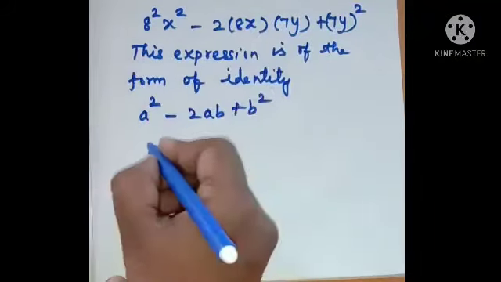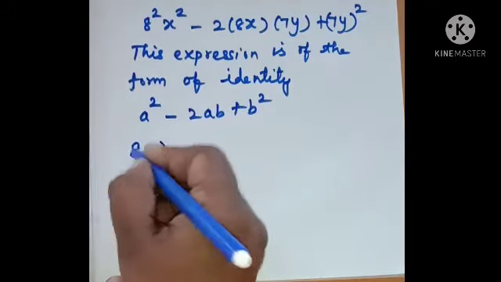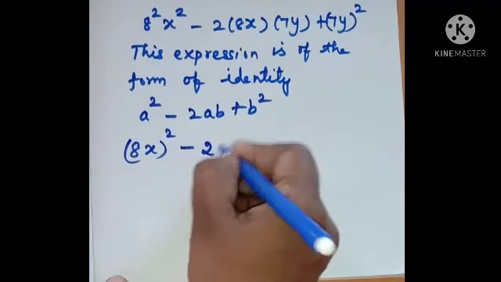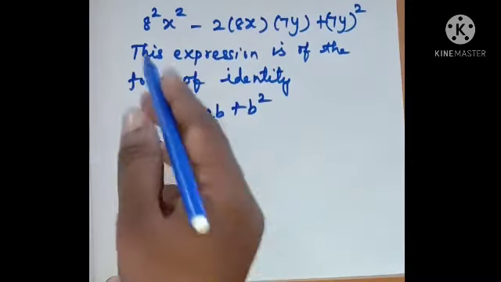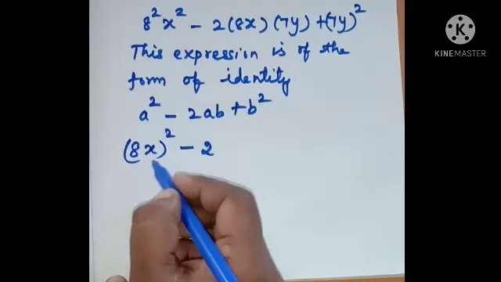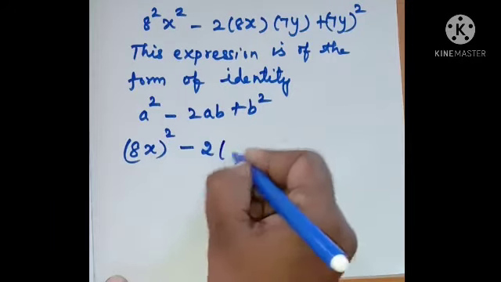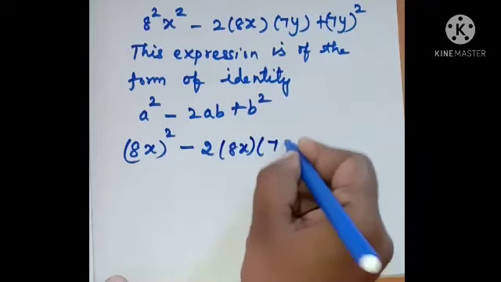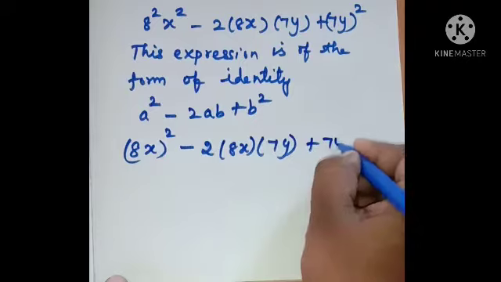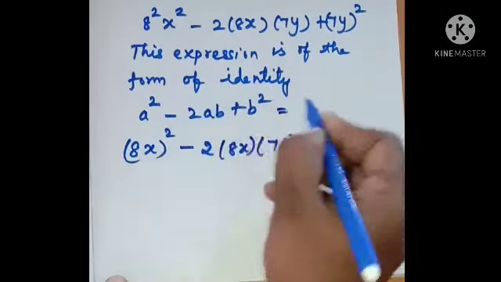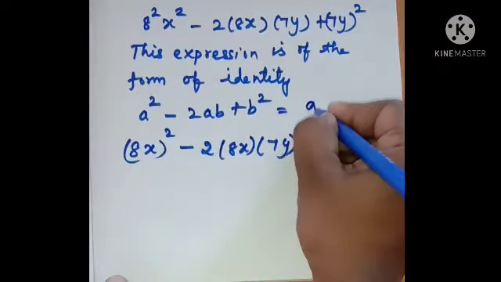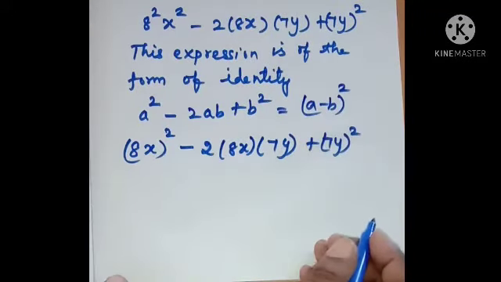Here we can write 8x the whole square minus, here square is common for both 8 and x. So we can write 8 square x square as 8x the whole square minus 2 into 8x into 7y plus 7y the whole square. We know that, which is equal to a minus b the whole square.